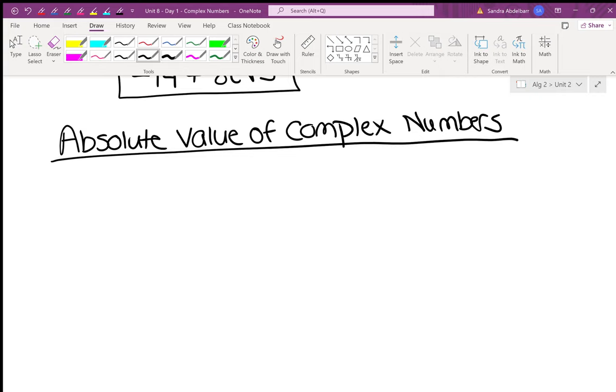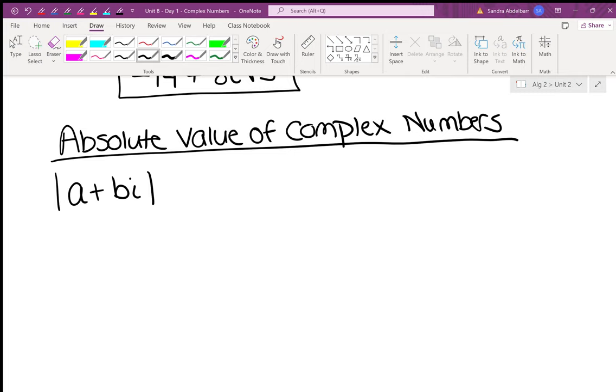A plus bi. So now when we talk about the absolute value of it, we have the absolute value of a plus bi. Refresh my memory. What does absolute value tell us? So if I'm saying what is the absolute value of 5, what is that telling us? Dylan. Good. It's the distance from 0 on a number line, right?